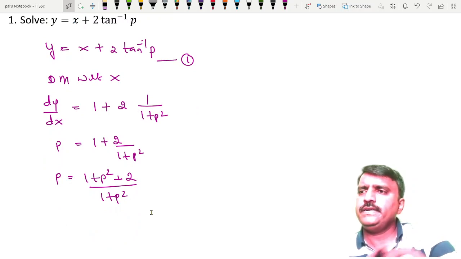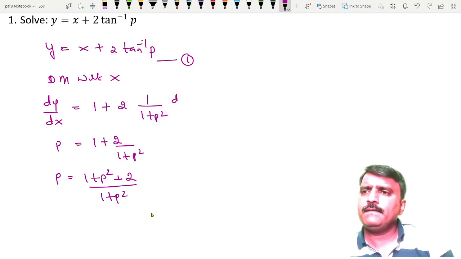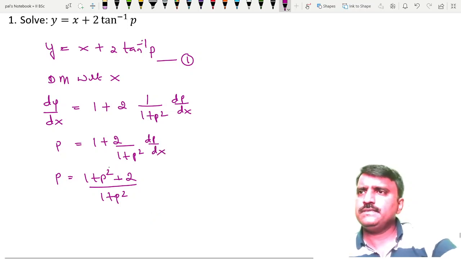We forgot to write dp by dx here. So differentiation of p with respect to x is dp by dx, this into dp by dx.